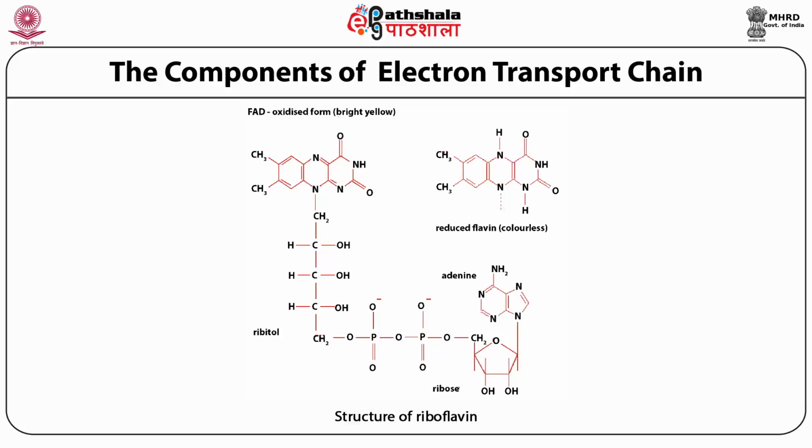Flavoproteins have a yellow colored prosthetic group derived biosynthetically from flavin, that is vitamin B2. The prosthetic group may be either flavin mononucleotide, that is FMN, or FAD. Both possess the same active site capable of undergoing reversible oxidation and reduction by donating or accepting two hydrogen atoms respectively.